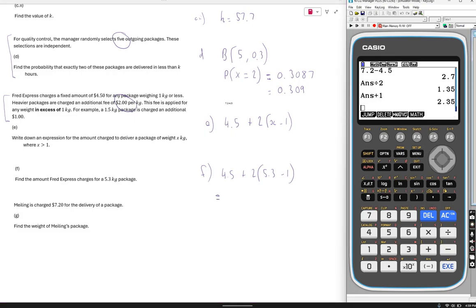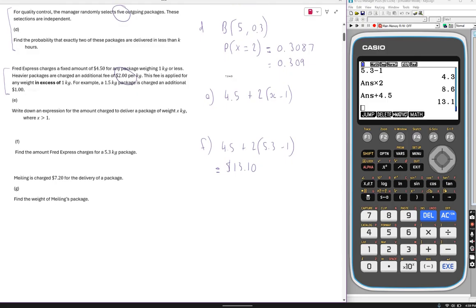So we've got 5.3 minus 1 is 4.3, times that by 2 is 8.6, plus 4.5 is 13.1 dollars. So we should really say that it's $13.10. If you're dealing with dollars and cents, usually you take it to 2 decimal places. That is for part F.